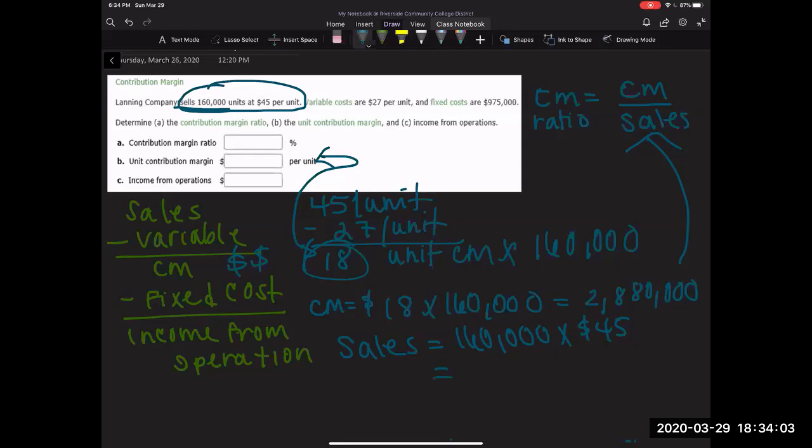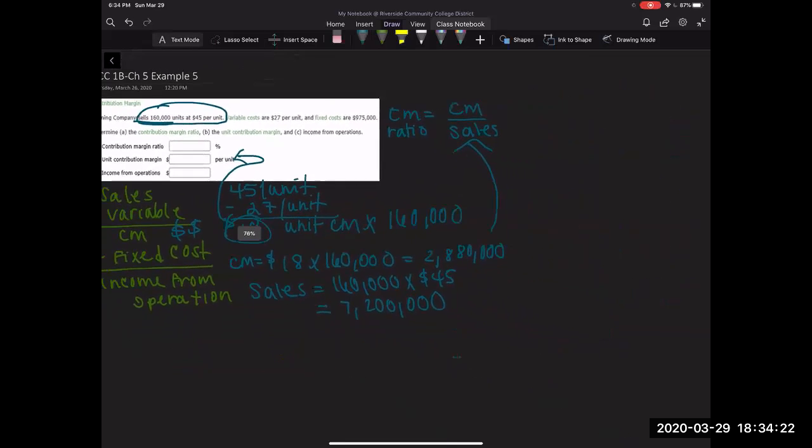So in doing that calculation, 160,000 times my $45, and we come up with $7,200,000, okay?